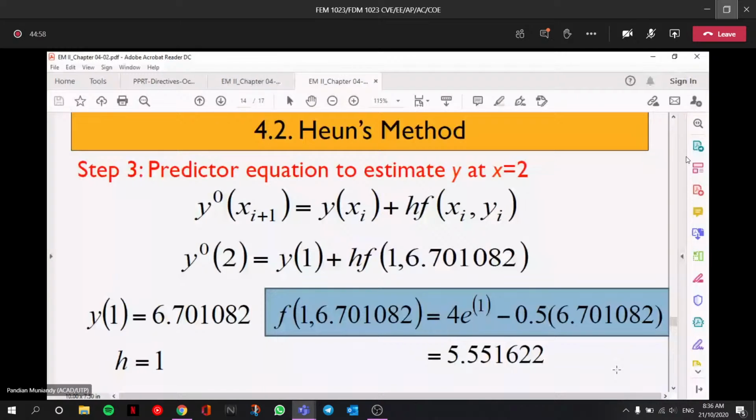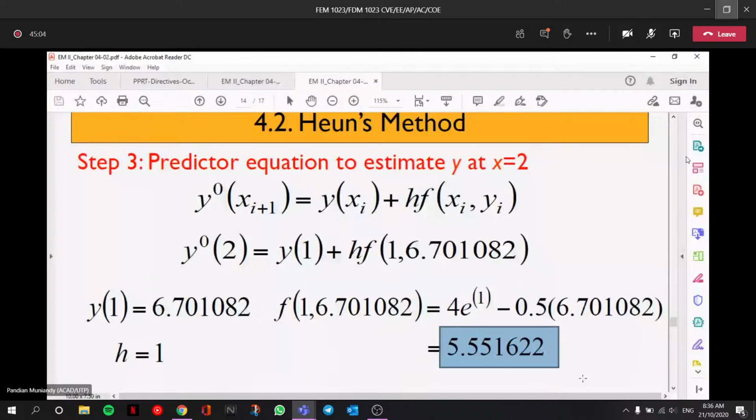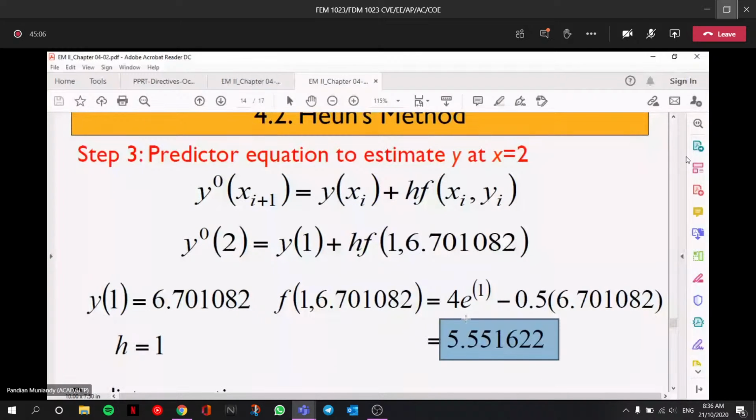Use your calculator, see whether you can get this or not. Now we have to verify. So 4 e power 1, you have to calculate. E power 1 multiply 4 minus 0.5 multiplied by 6.701082. You should be able to get 5.551622. This you have to do real-time experiment.